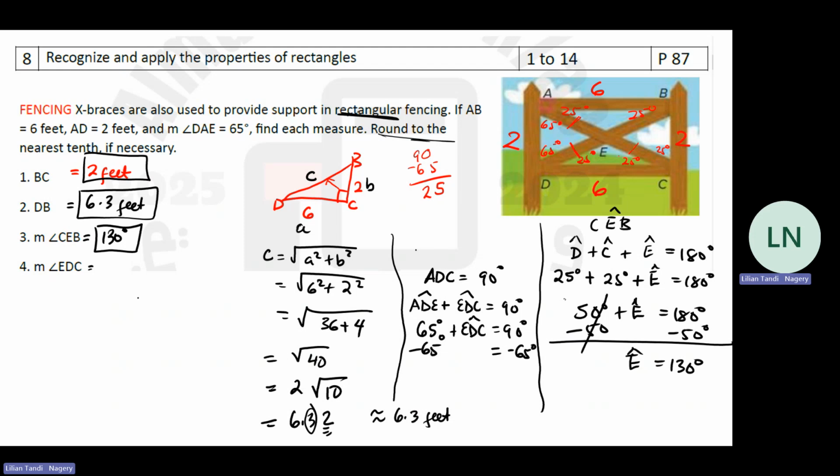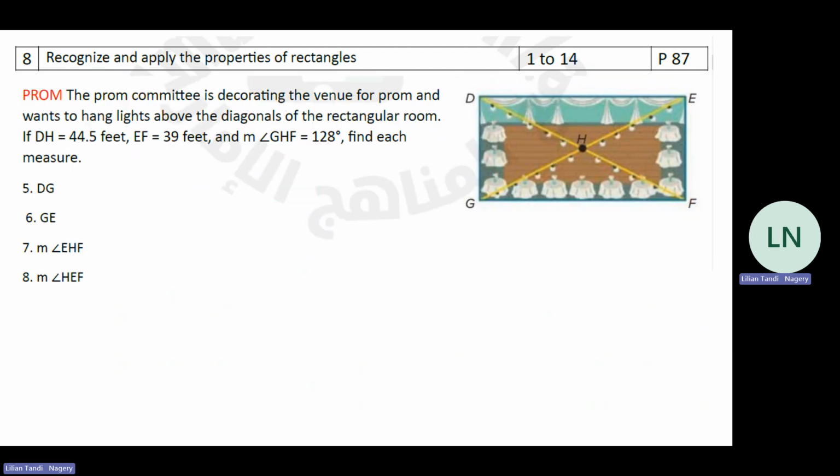The vertices of a rectangle are 90 degrees. You should know that. If you have one and you know the other, so we know that this is 65. To get this here, we must subtract 65 from 90. So angle EDC should give us 25 degrees. And we box our answer. 25 degrees.